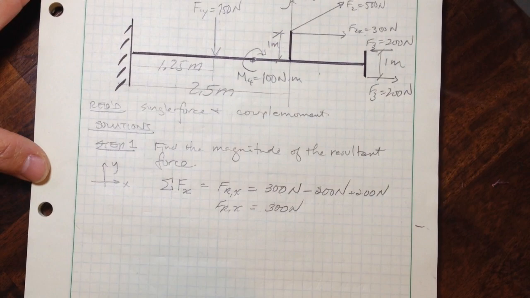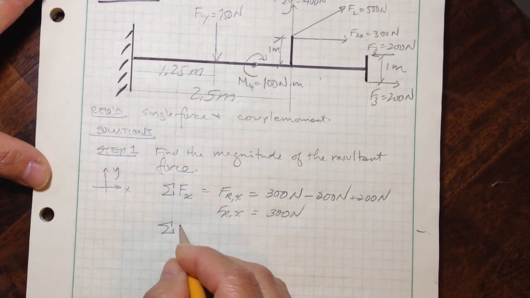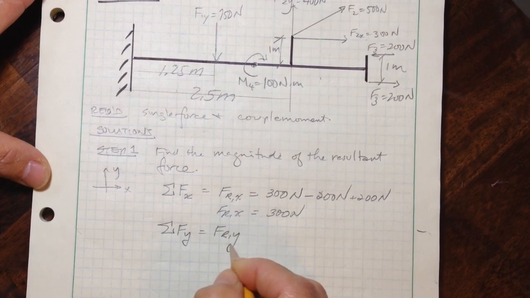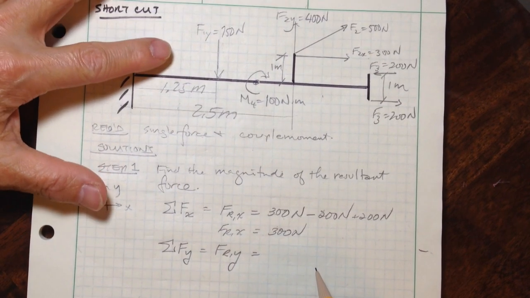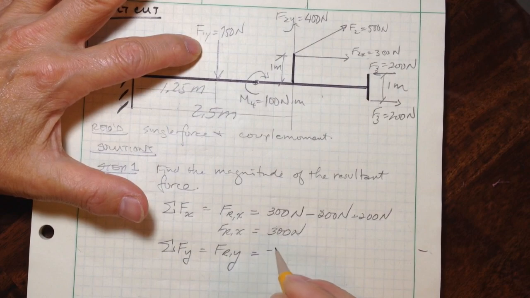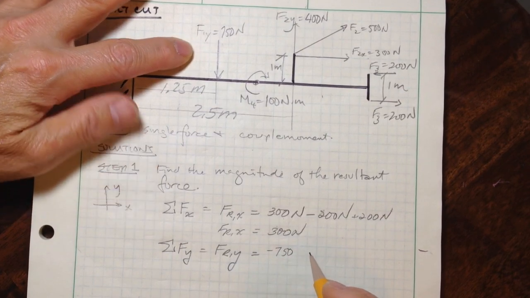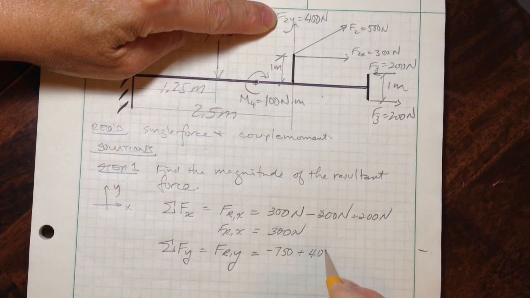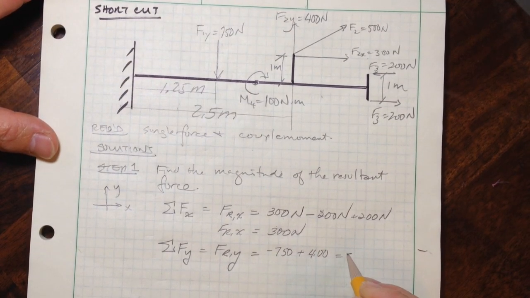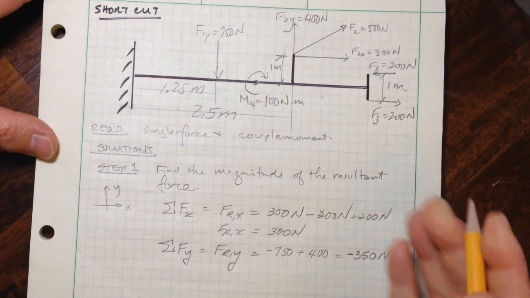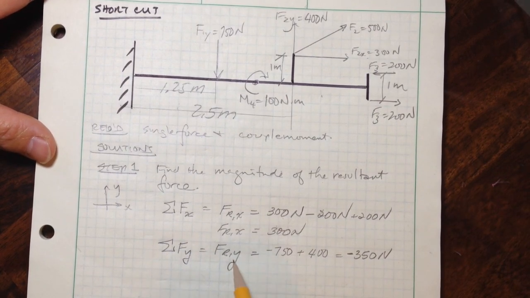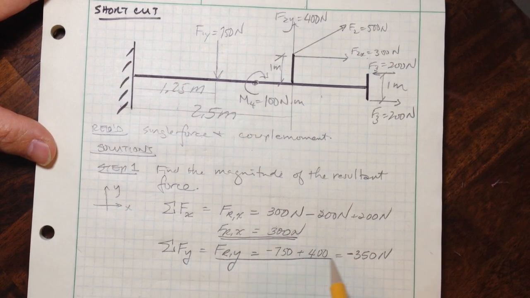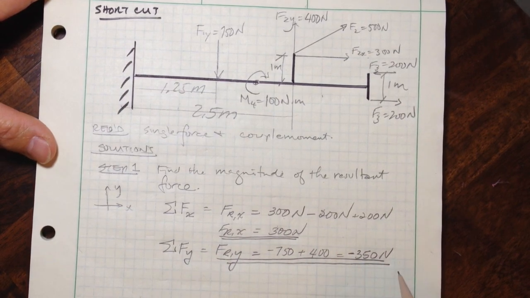We do the same for the forces in the y direction. So we want to find the resultant force in the y. That would mean I would have to take this force, add this force. That would give me negative 350 newtons. So I now have the x component and the y component of my resultant force.